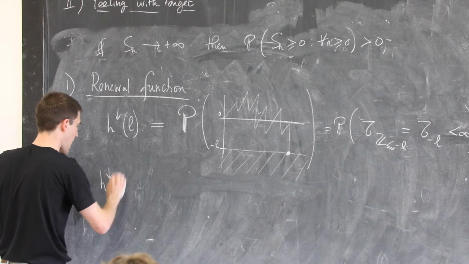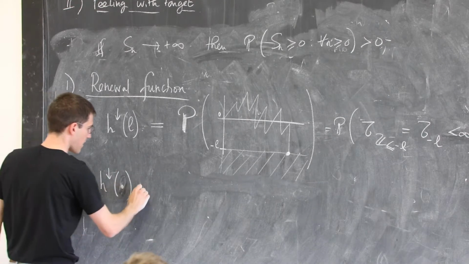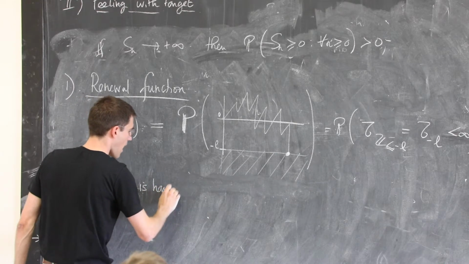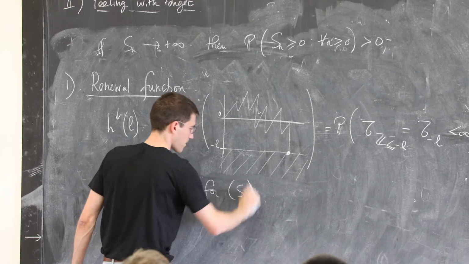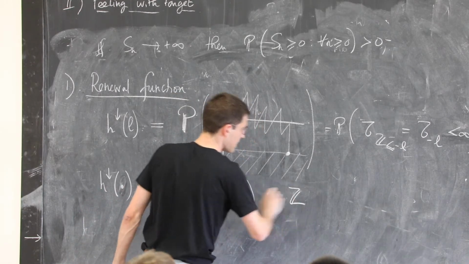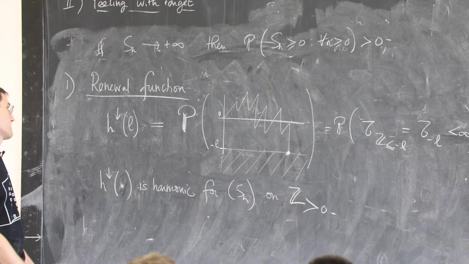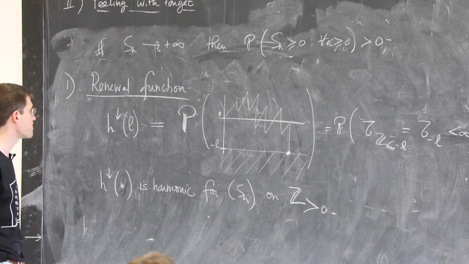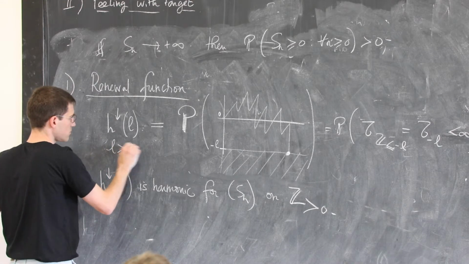We claim that this function h is harmonic for the walk on Z strictly positive. Why? So that's for L larger than 0.